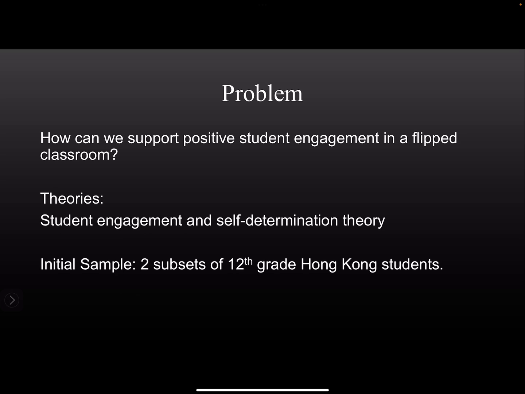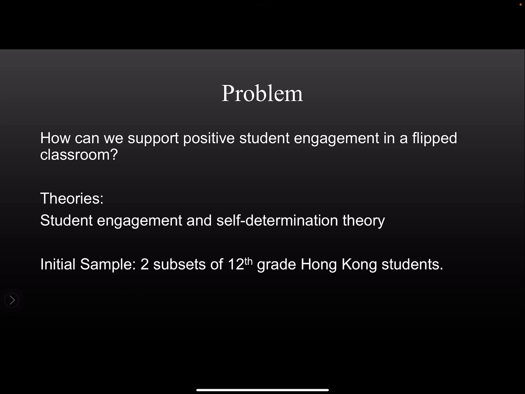The theories they were going to use were student engagement theory and self-determination theory. Student engagement is important for learning because of its association with various desirable outcomes, such as lower dropout rates and students' increased willingness to go beyond the course requirements. In self-determination theory, human beings have three fundamental psychological needs: autonomy, relatedness, and competence. If these needs are satisfied, students are more likely to engage in the learning process.